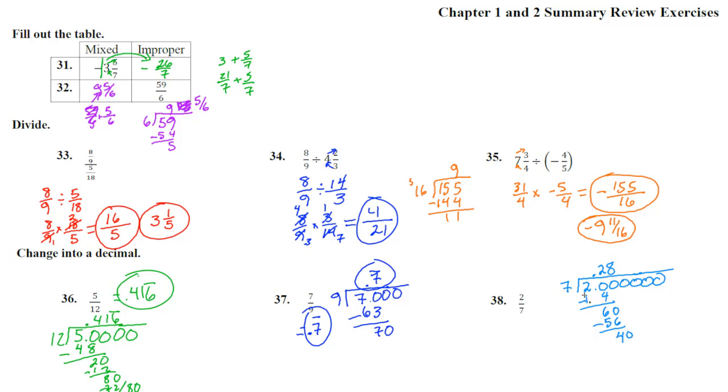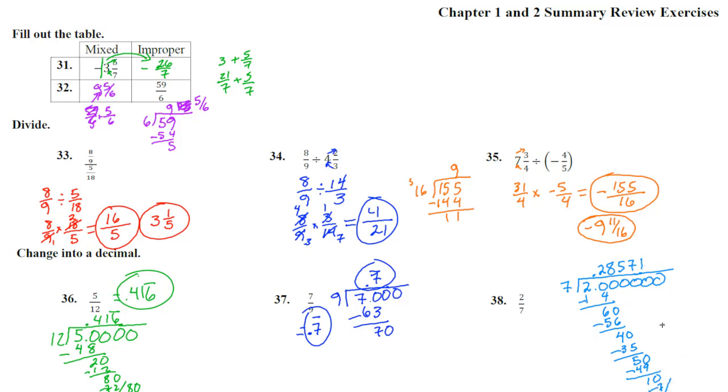Drop down the 0. 7 goes into 40. Oh, that one's 5 times. 5 times 7 is 35. And it gives us that remainder of 5 there. Drop down the 0. 7 goes into 50. 7 times. 7 times 7 is 49. This keeps going. Subtract and we get a 1. We get a 10, that's 7.